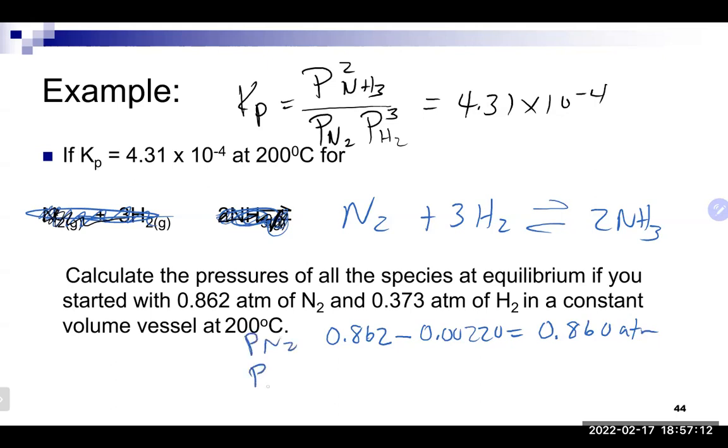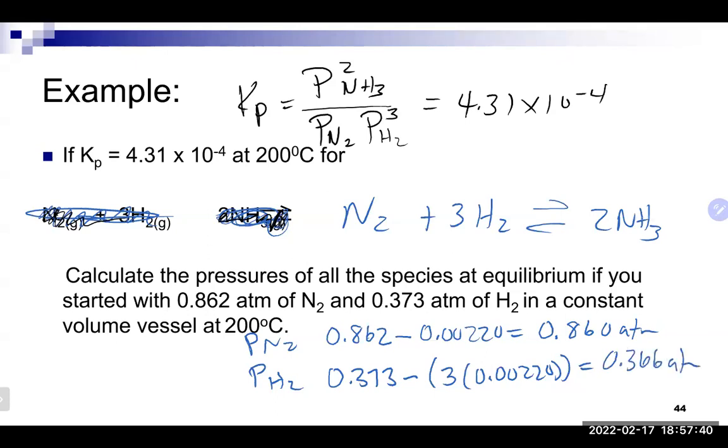For our H2, it was 0.373 minus 3 times our x value, which is 0.00220, and that gives us 0.373 minus 3 times 0.00220, gives us a pressure of 0.366 atmospheres.